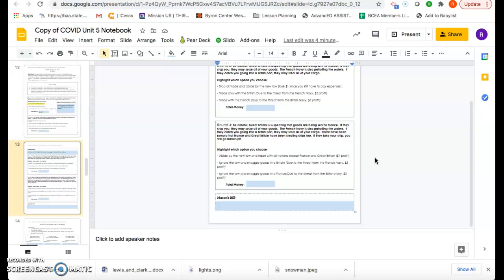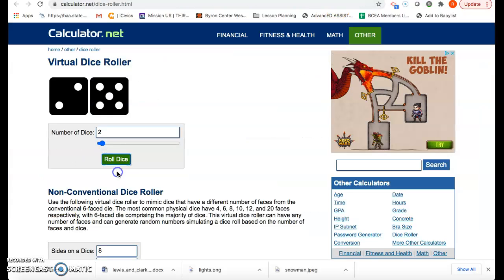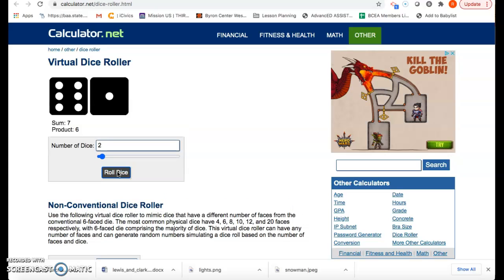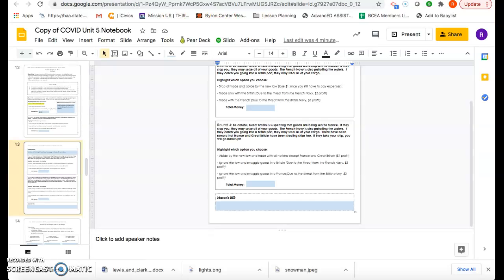Play it safe, gamble a little, or gamble a lot. And then you're going to roll your dice. Go ahead and record what you decided to do and how much money you now have. You should have been adding this money together each time. Pause it if you need to.